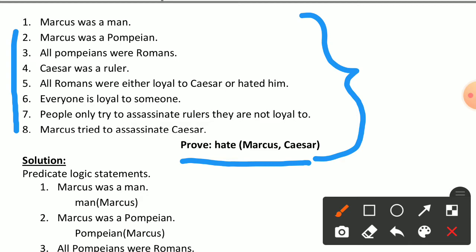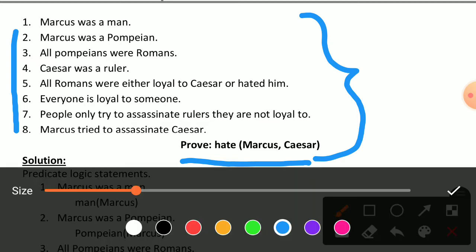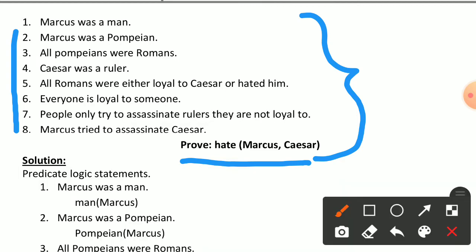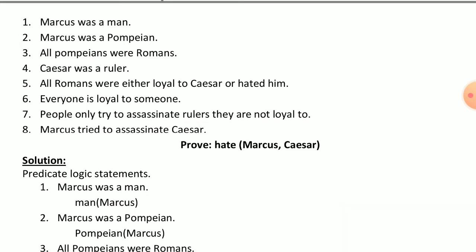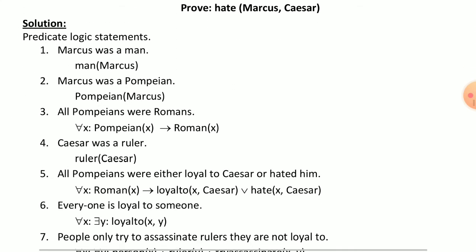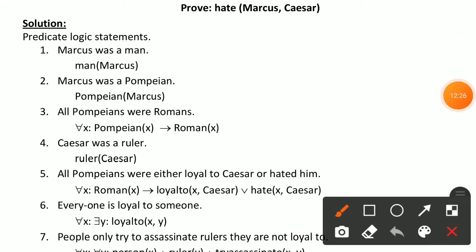Now we can make the solution. So we can start the solution with the predicate logic statements. In predicate logic theory, we learn how the given statement is converted into predicate logic. So first sentence, Marcus was a man.